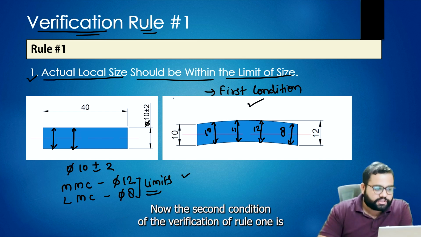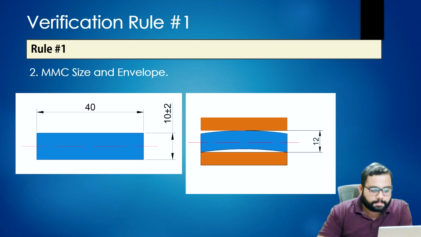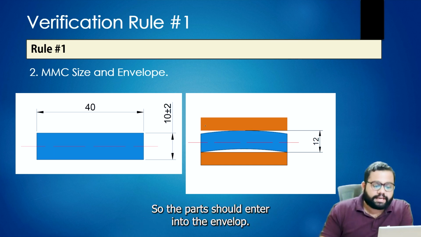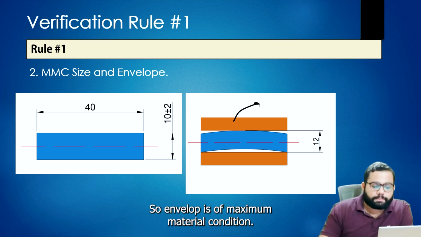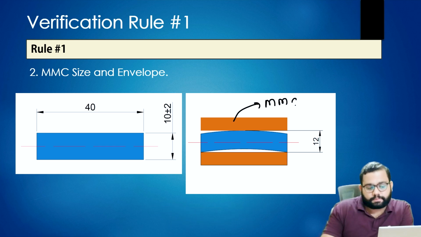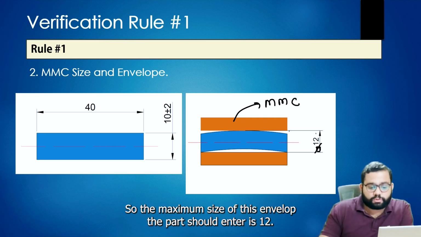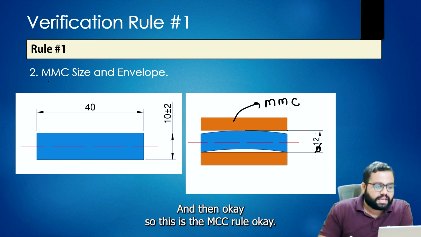Now, the second condition of the verification of rule 1 is the MMC envelope rule. The part should enter into the envelope, and the envelope is of maximum material condition. In this case dia 12 is the maximum material condition, so the maximum size of the envelope the part should enter is 12 mm. This is the MMC rule.